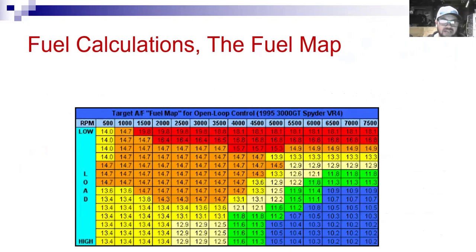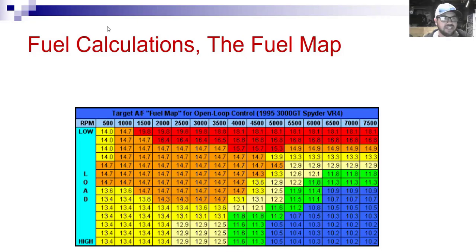So what I have here are some fuel calculations, or essentially the fuel map. What air fuel ratio do I want at whatever speed and whatever load? These maps are really more three-dimensional, but to make them easier to understand, we typically break them up into two dimensions that we can put on our computer screen, or draw on the whiteboard, or on our Zoom screen here.